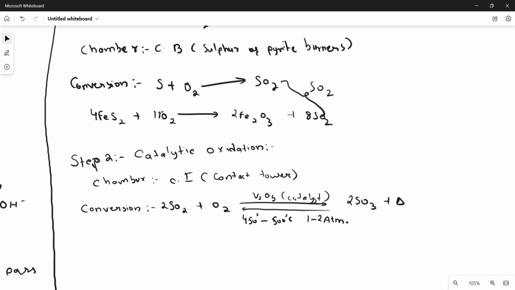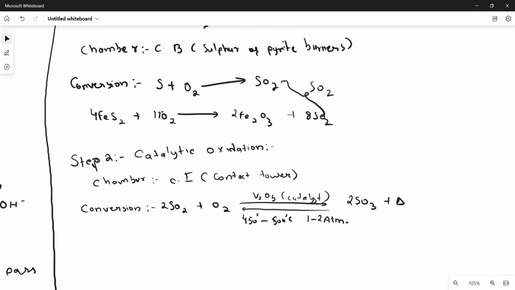And then we have the catalytic oxidation, chamber I, which is the contact tower. The conversion goes like this: 2SO2 plus O2 is a reversible reaction with vanadium pentoxide as its catalyst, at 450 to 500 degrees Celsius and a pressure of 1 to 2 atm, giving 2SO3 plus heat. So it's an exothermic reaction.